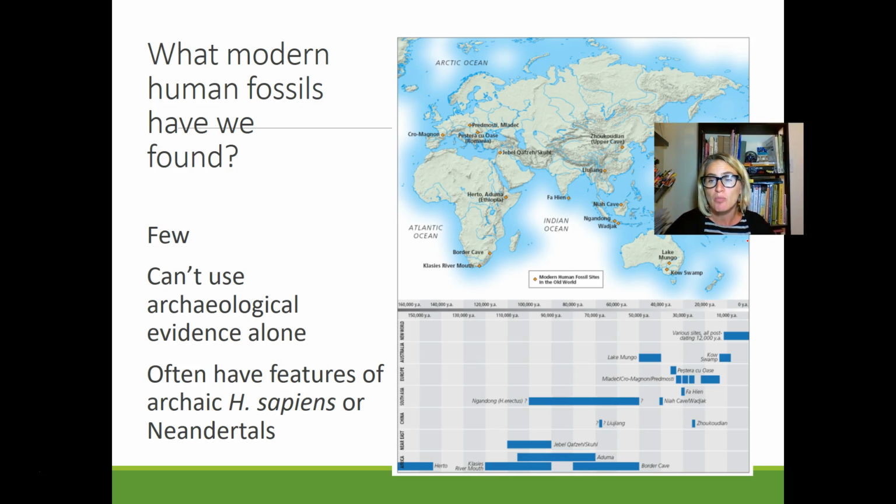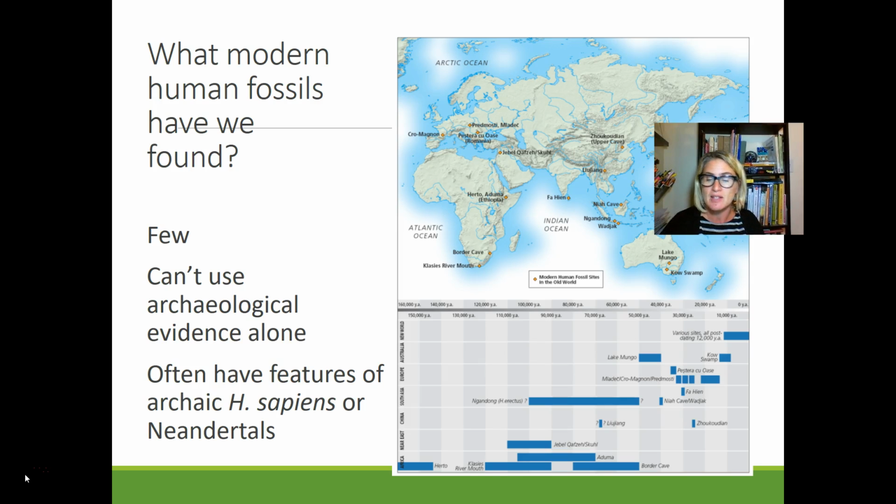So we'll have to start off by thinking about the paleontological evidence, and those are the human fossils. And unfortunately, from the very beginnings of this, in the mid to late Pleistocene, we don't have a huge abundance of fossils to determine what's going on. So we can't use just fossils to figure this out. We can't rely either on archaeological evidence alone, because none of these fossils are related.